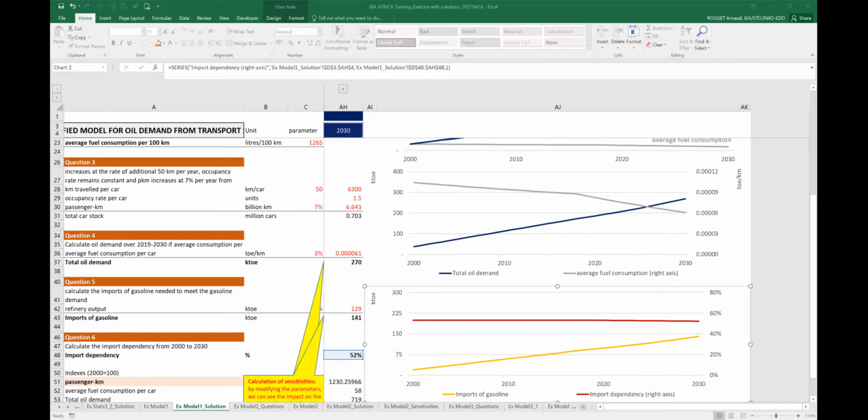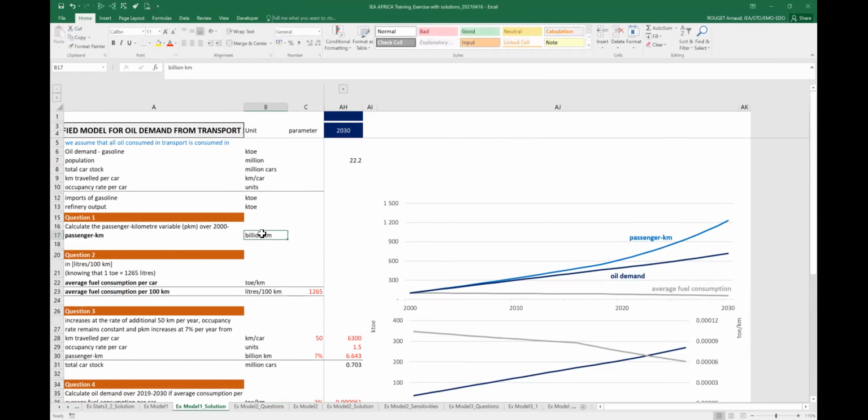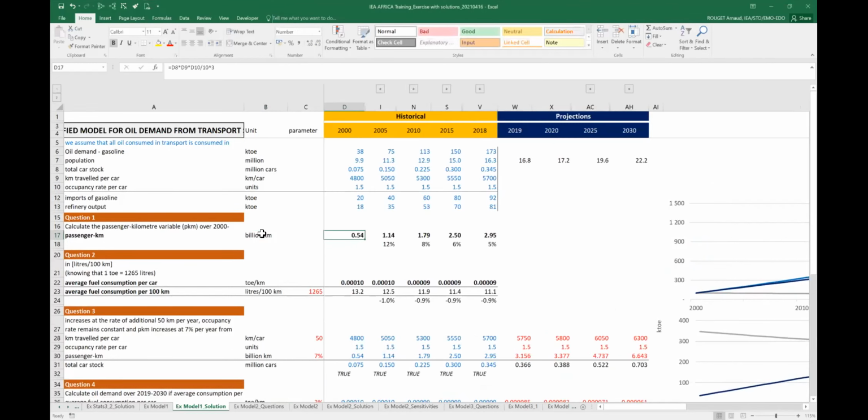So, do we have global figures that can be used to estimate passenger kilometer and fuel consumption efficiency? Actually, those two variables are calculated in the model. In the case of passenger kilometer, I will show again. Passenger kilometer is defined as the total number of cars.